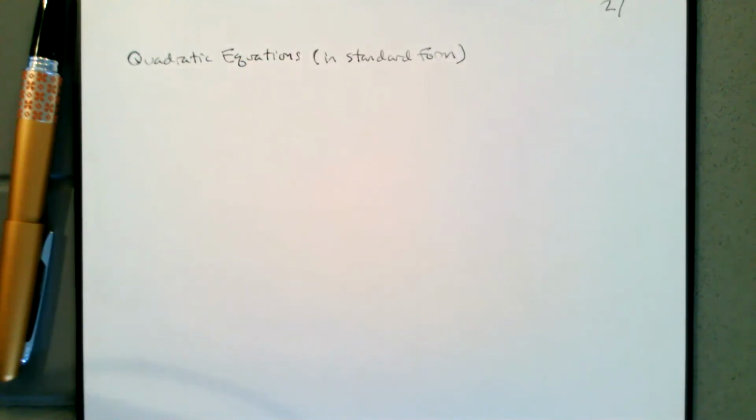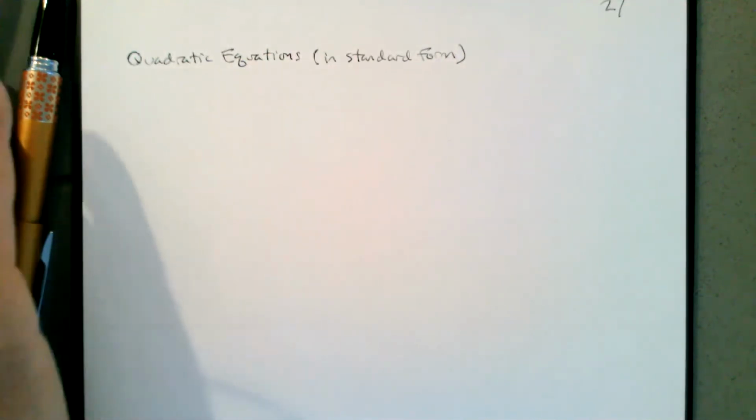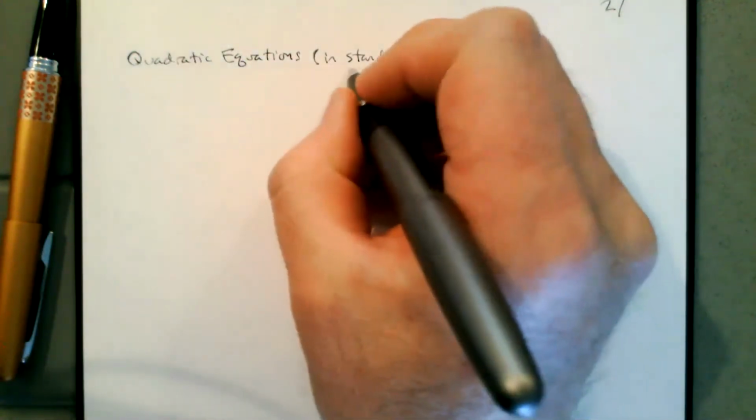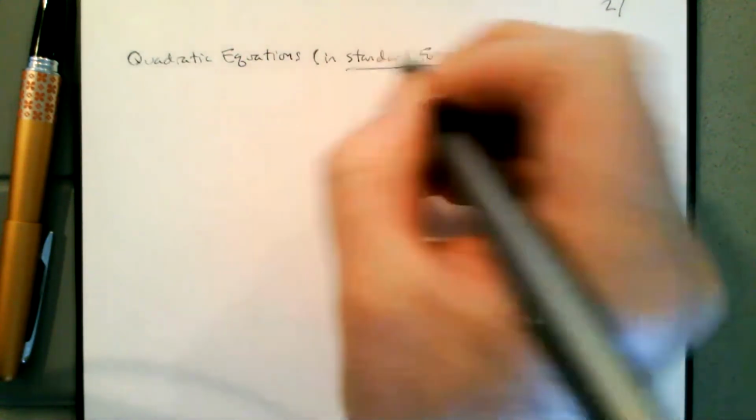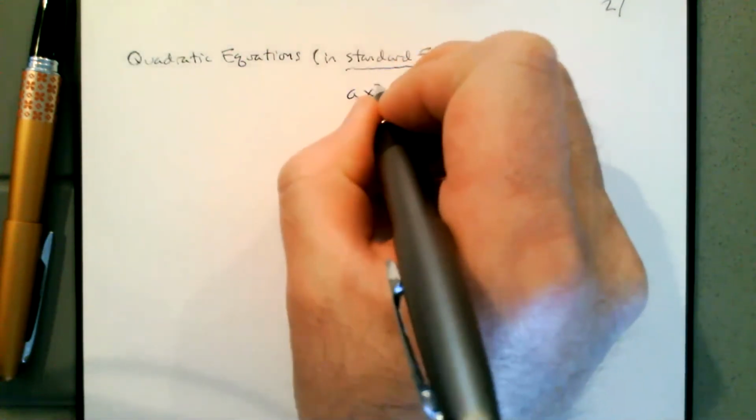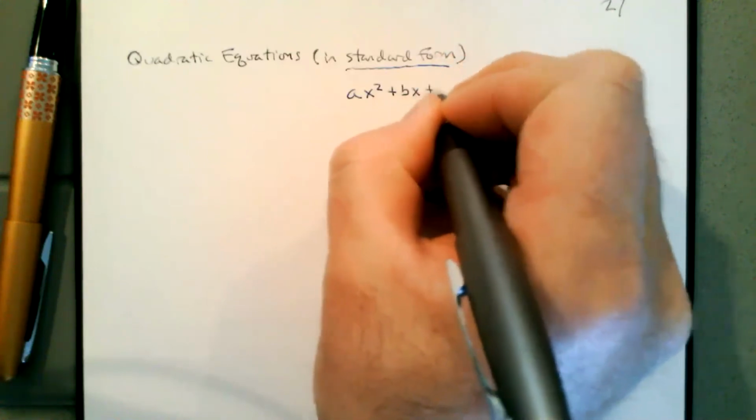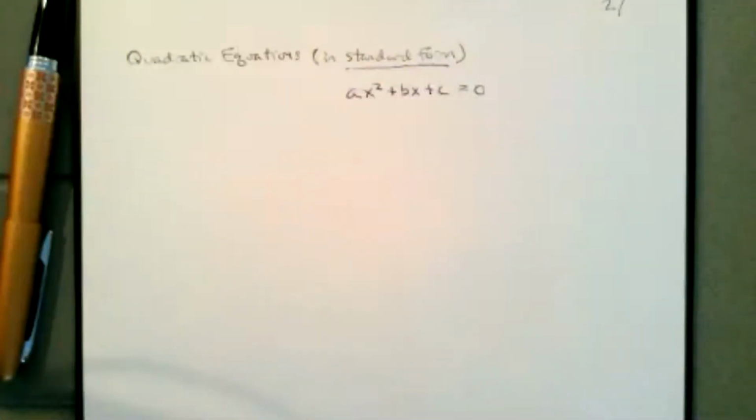For quadratic equations in standard form, it's the first time we have to use a different technique. We can't do inverse operations in reverse order because a quadratic equation in standard form looks like ax squared plus bx plus c equals 0.